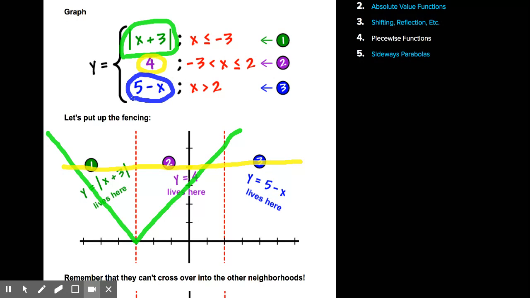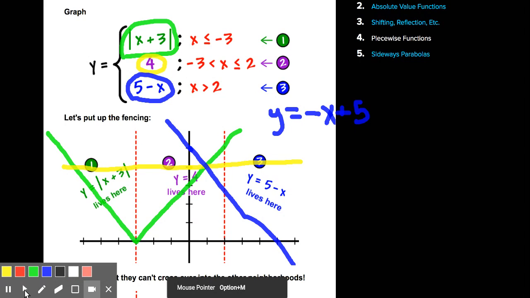They kind of write it in a tricky way where you could rewrite it as y equals -x plus 5. So that's a slope of -1 and the y-intercept of 5. 1, 2, 3, 4, 5. So down 1 over 1, down 1 over 1. Looks kind of like that in my bumpy writing here.